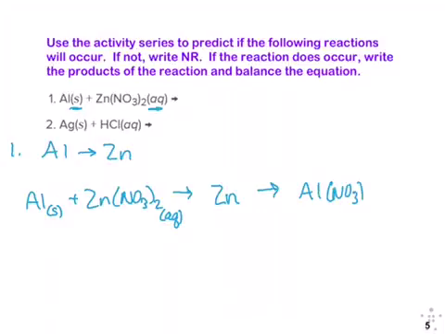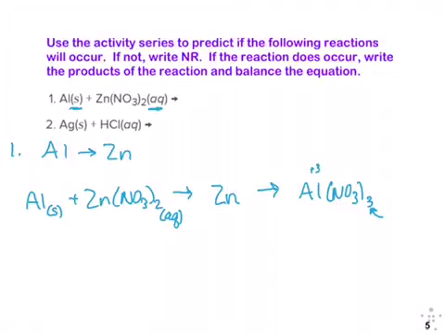Al(NO3)3. Why do I need this 3 here? Hint, look at the charge on aluminum. Aluminum's +3.